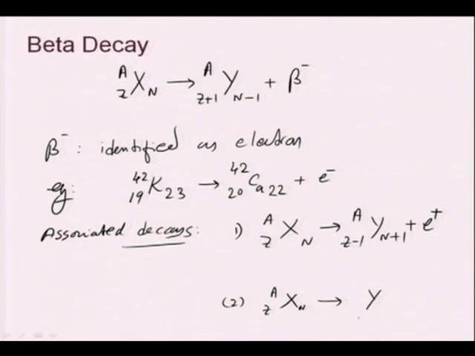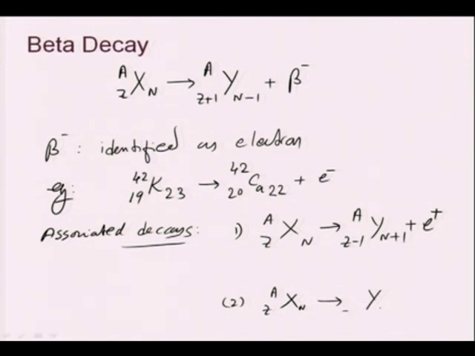So, in an atom there are electrons surrounding this nucleus, okay, and we can think of one of the low lying electrons being captured, and therefore, when an electron is captured, again the electric charge of the nucleus is reduced by 1 unit.